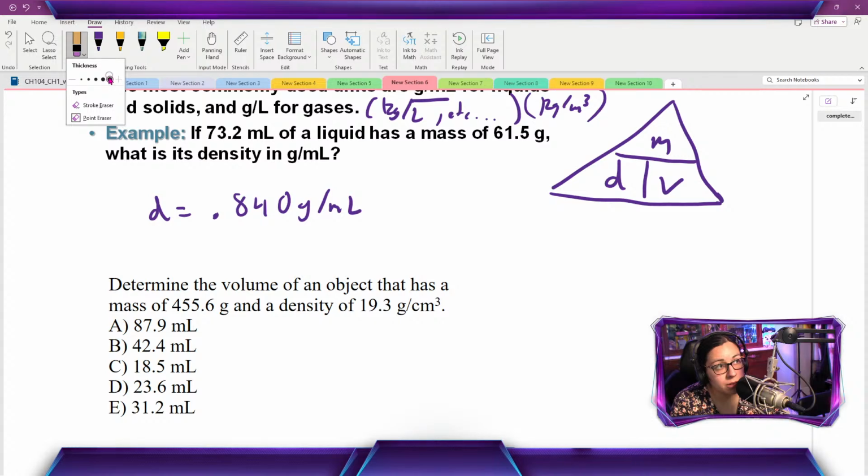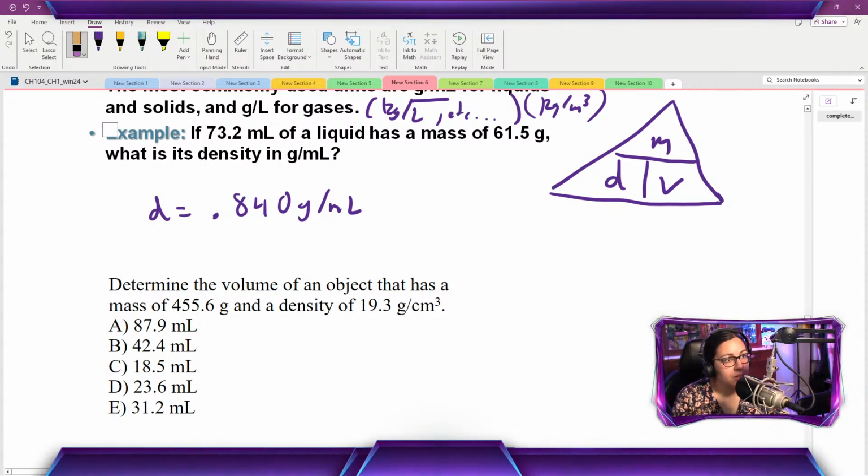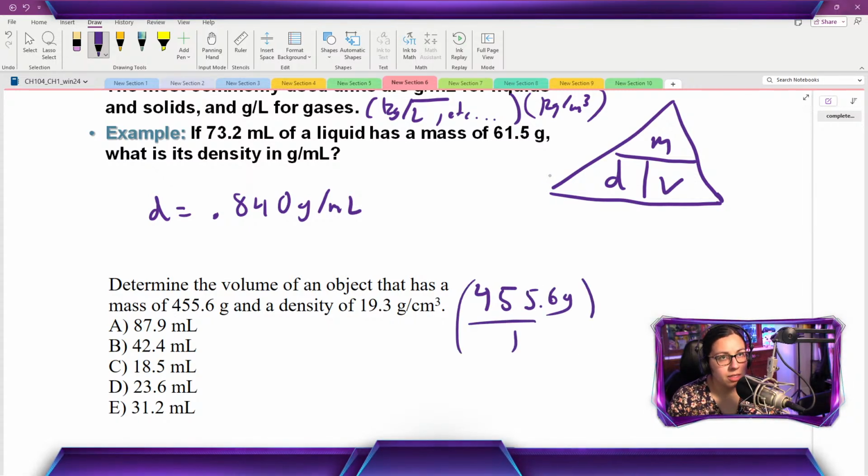Again, we could use our triangle trick. It says determine the volume. So if I cover up volume, that leaves me with mass divided by density. Let's set that up. So 455.6 grams, and then divided by density.